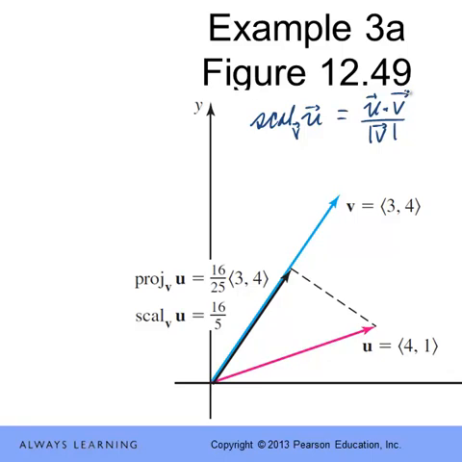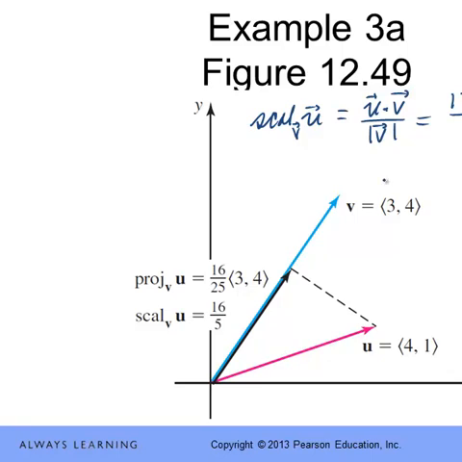Now, u dot v: 3 times 4 is 12, plus 4, so 12 plus 4 divided by magnitude v. Well, 3 squared plus 4 squared is 9 plus 16, which is 25. Magnitude v, therefore, will be 5. So we're talking about 16/5. So there's your scalar component of u in the direction of v.